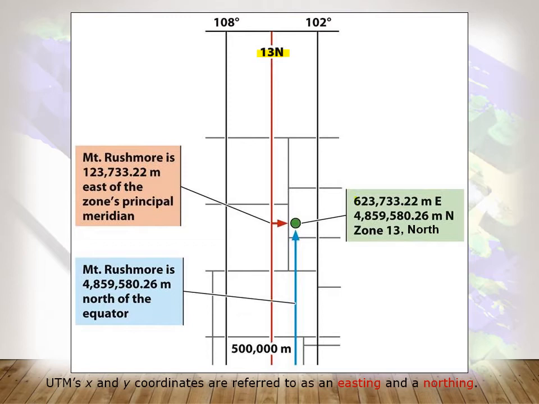So in order to get this, technically it's an X value of 623,733 meters, we have to add 500,000 meters. That's our false easting. Now, because Mount Rushmore is in the Northern Hemisphere, and that's positive, we do not need a false northing. It just automatically is 4,859,580 meters north of the equator.